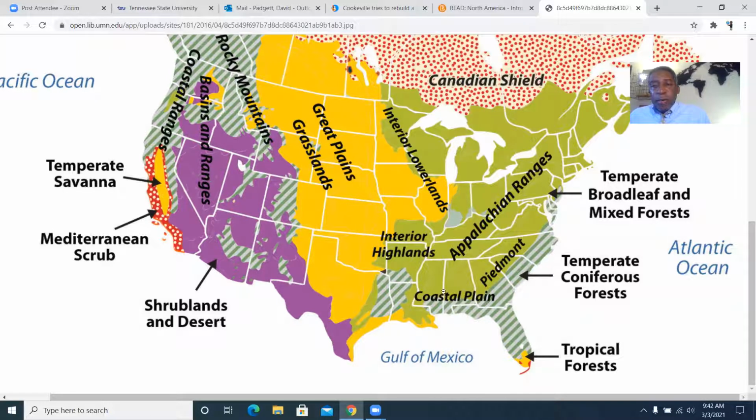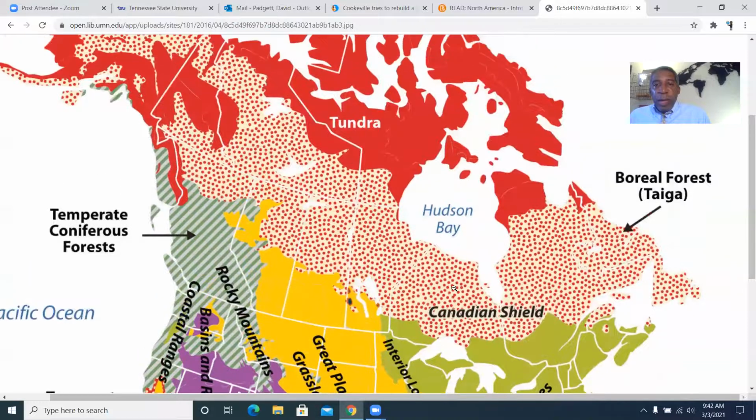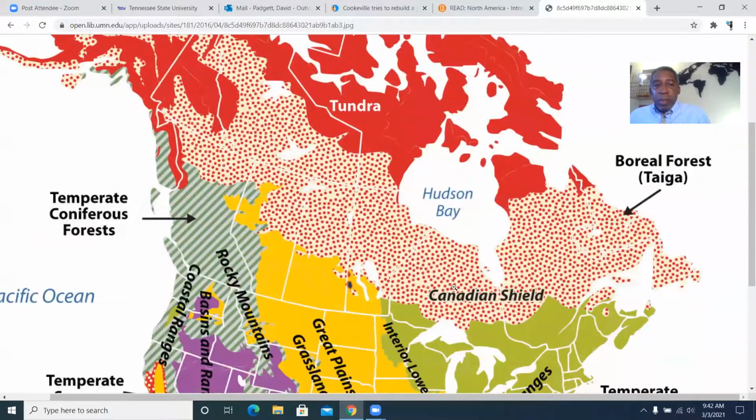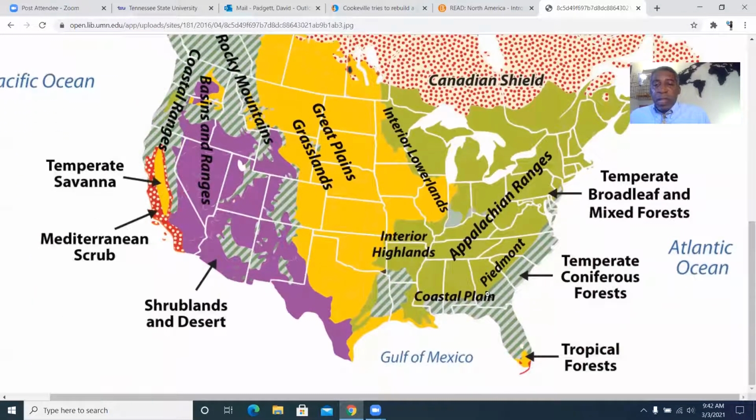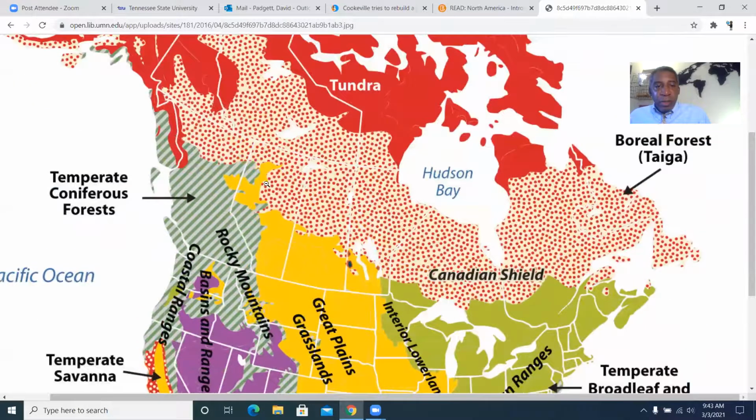This map is a mixture between vegetation cover and the physical geography of the region. Most of these regions you've already seen: the coastal plain, the Appalachian Range, the Great Plains grasslands, the Basin and Range region, the Rocky Mountains, and so on.